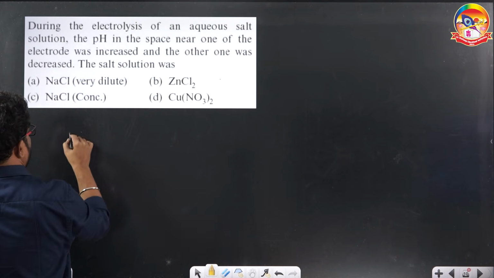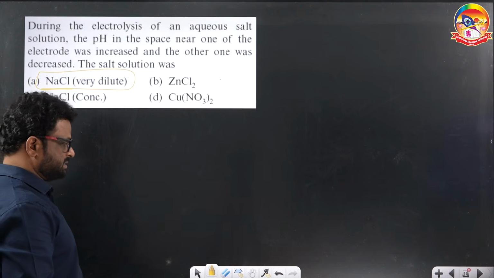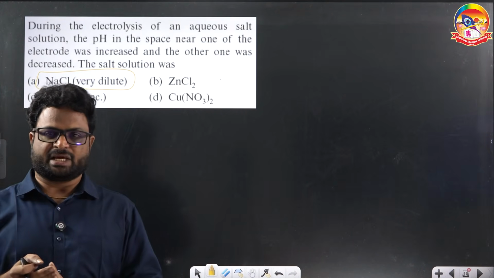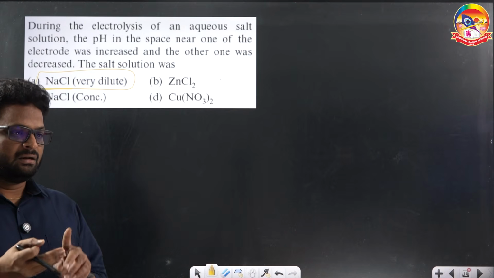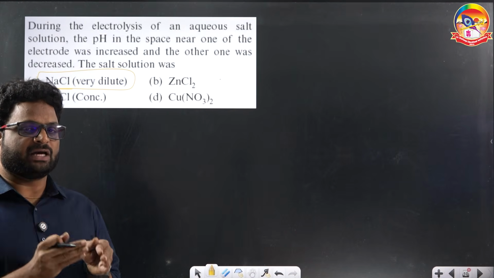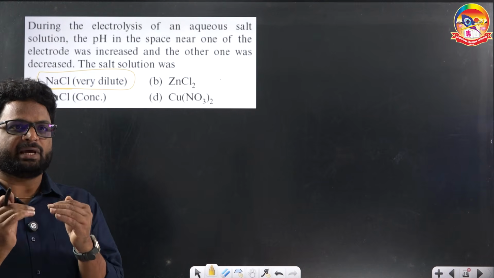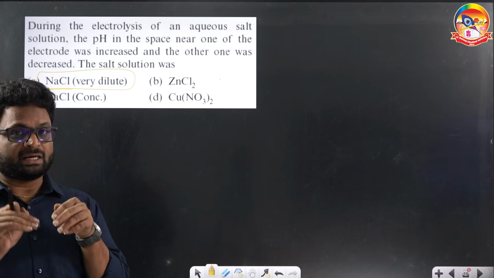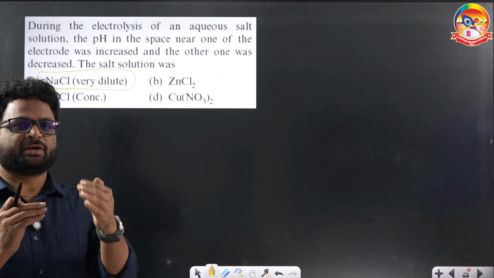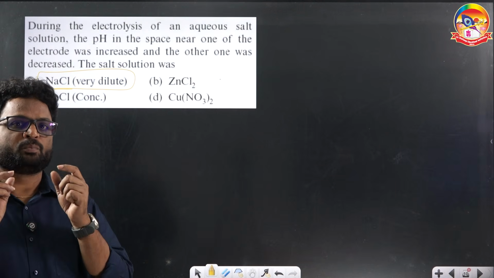Let me take first aqueous NaCl, very dilute. See what happens. This is the effect of concentration. When a very dilute solution is taken, the reduction potential at the cathode and the oxidation potential at the anode for these ions will actually be very low. When compared to these ions, the reduction potential and oxidation potential of H2O will be more.